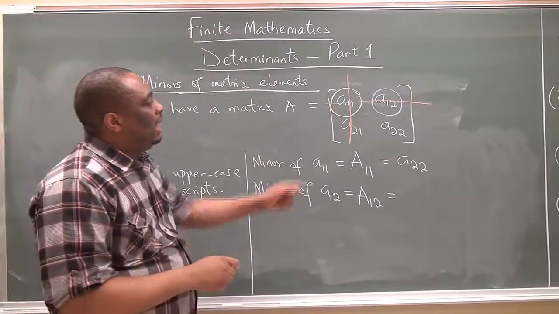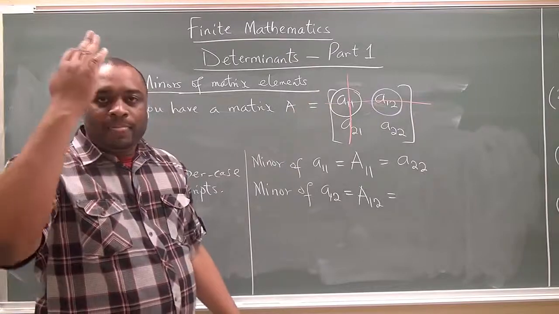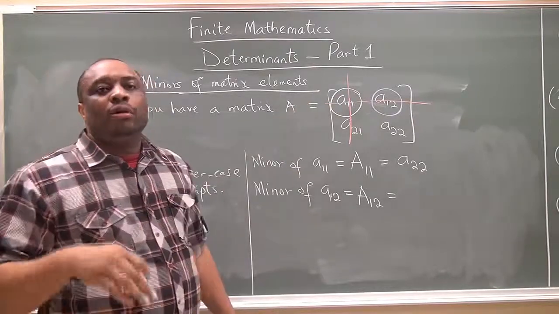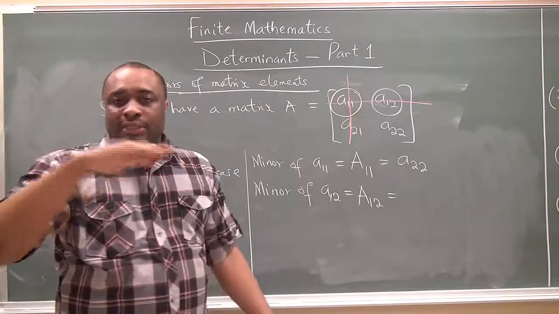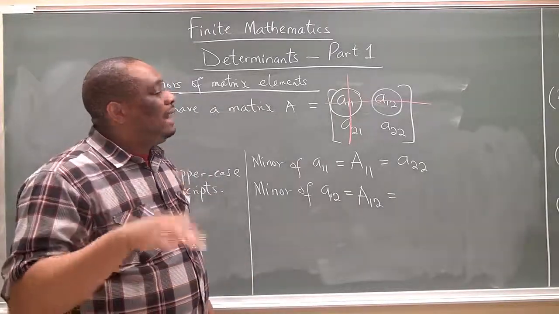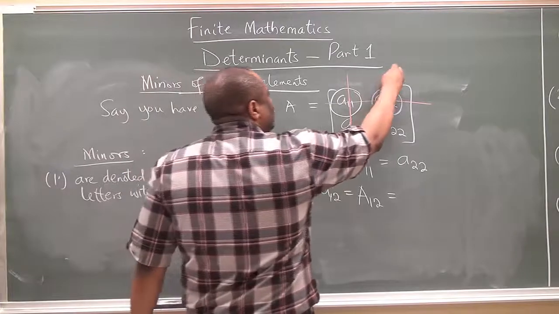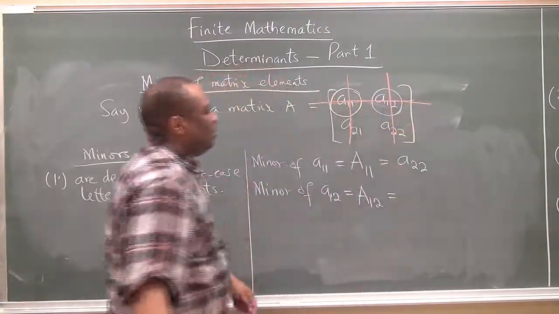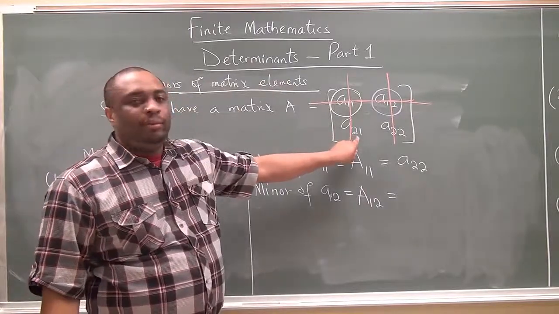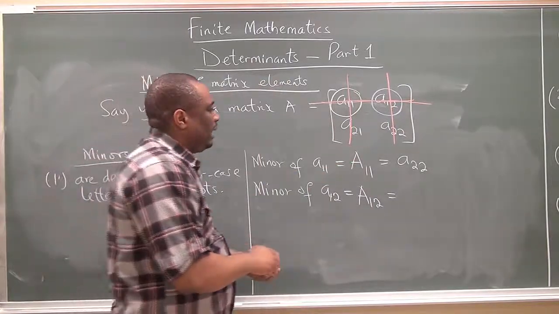We delete the column, the vertical, and the row, the horizontal, that the element is in. So we delete this, and we also delete this. If you do that, what will be remaining will be A21.